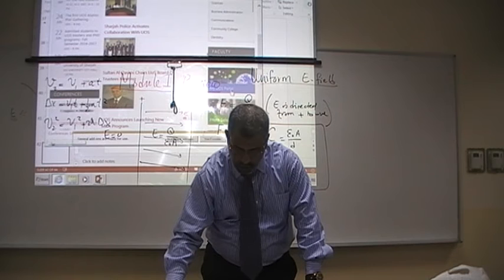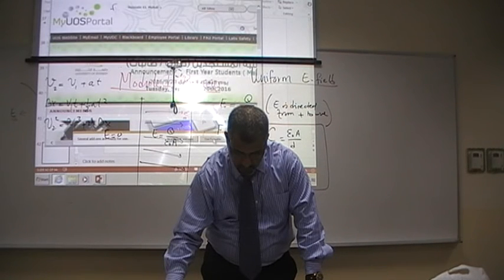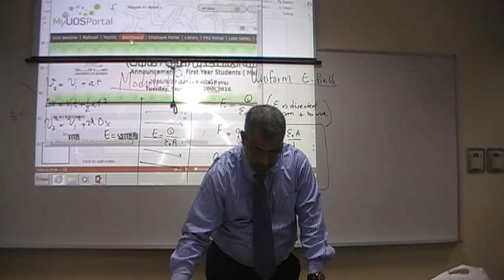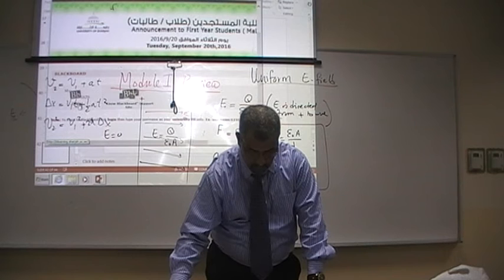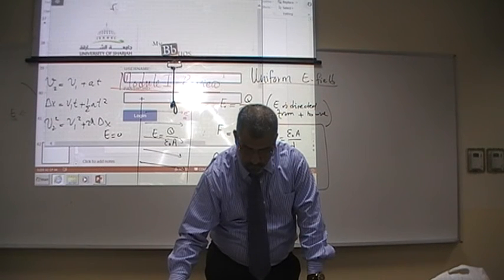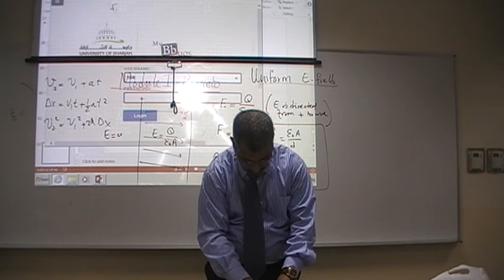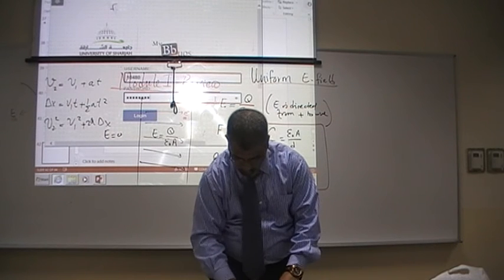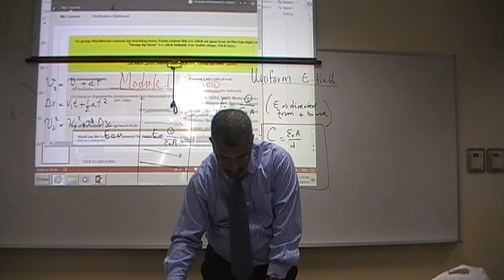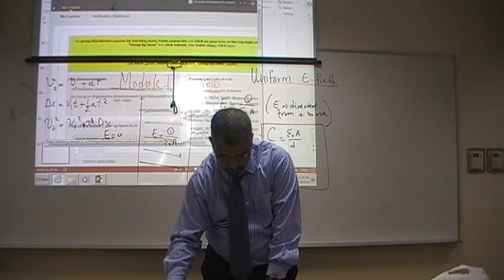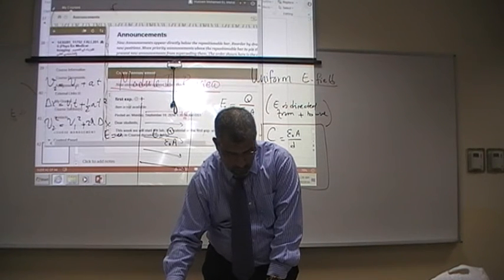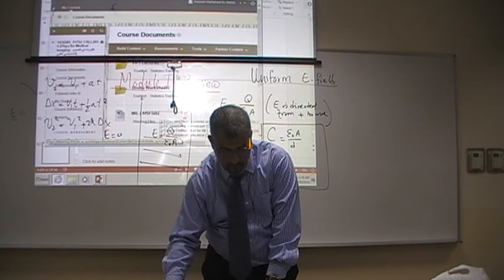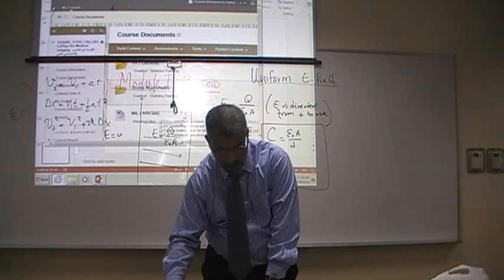Okay, let me just show you where the worksheet is. So this is your Blackboard. If we log in and go to course documents, this is the lectures, and this is the group worksheets, which I added this morning.